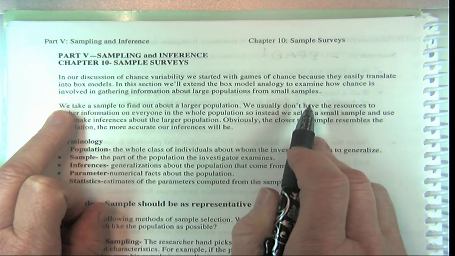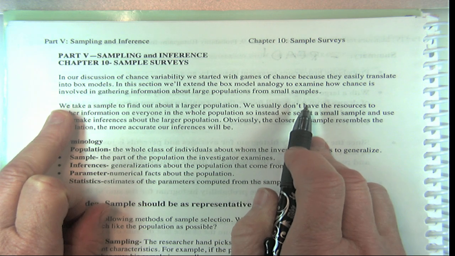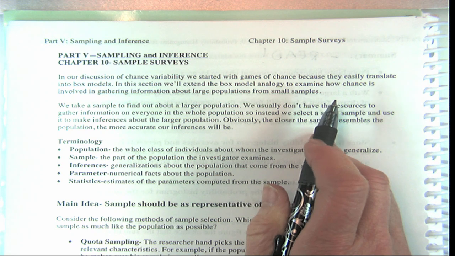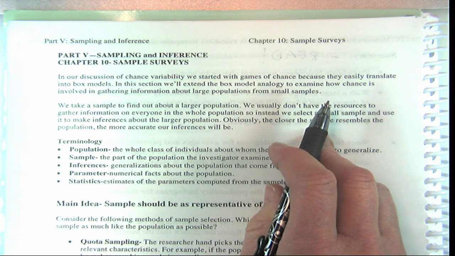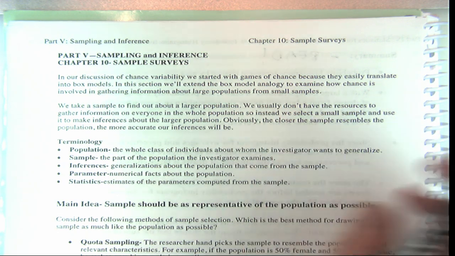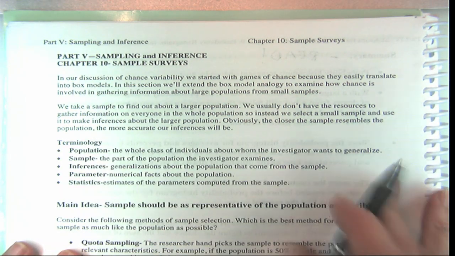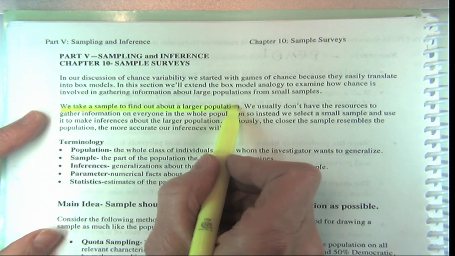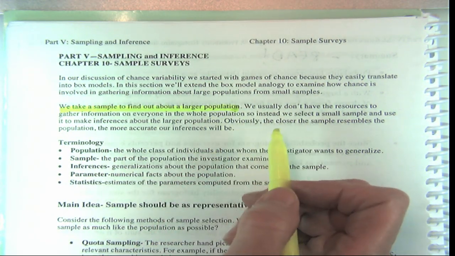But now we're going to look at surveys, survey data, where we generally just see one sample. We don't know what's in the box, the population, and we're trying to estimate that. So obviously we take a sample because we don't know what's in the larger population.